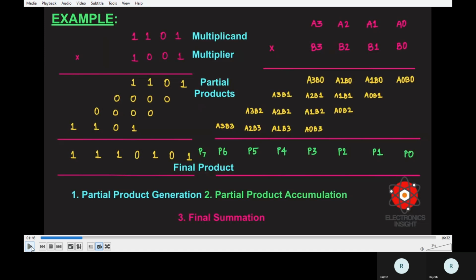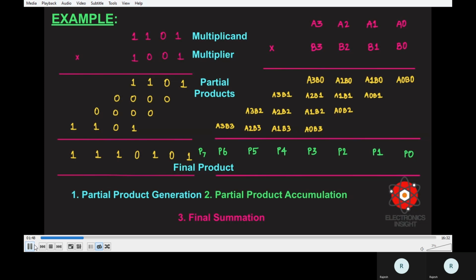Now on the LSB side, 1 is written as 1, 0 plus 0 is 0, 1 plus 0 plus 0 is 1, 1 plus 0 plus 0 plus 1 is 0. Carry is sent to the next stage. Then 0 plus 0 plus 0 plus 1 is 1. Then 0 plus 1 is 1. The final one is 1. So in the fourth column, a carry was generated, which was written in the third column as 1.